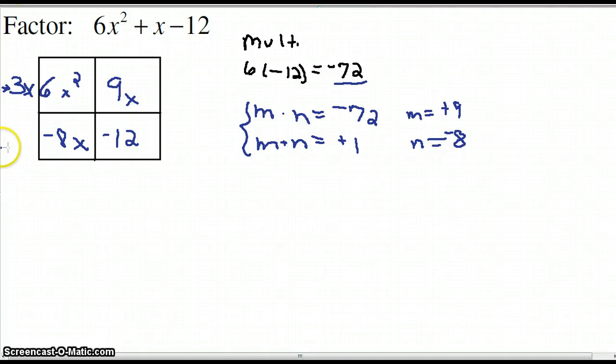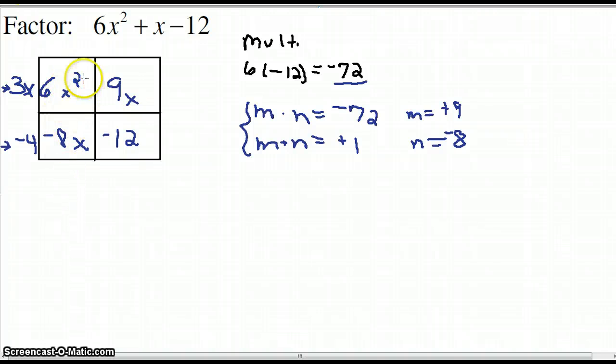On the second row, the greatest common factor that the terms have in terms of the coefficient is a negative 4. If both of the terms are negative, then take it out as a negative. We could take a positive 4 out, but if they're both negative, we'll take it out as a negative. When one is positive and one is negative, we'll take it out as a positive.